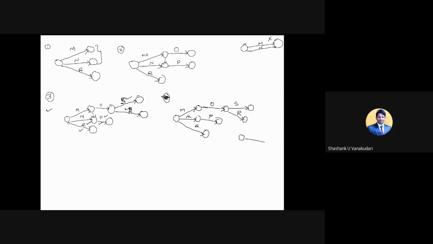This T activity has to start by finishing P, Q and R. So whatever the P, Q and R nodes are ending, they are the starting node of this T activity.